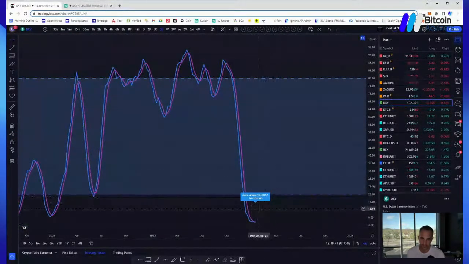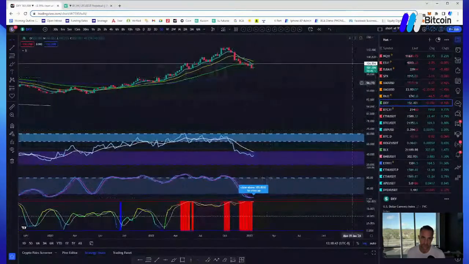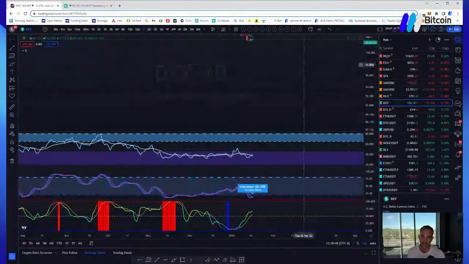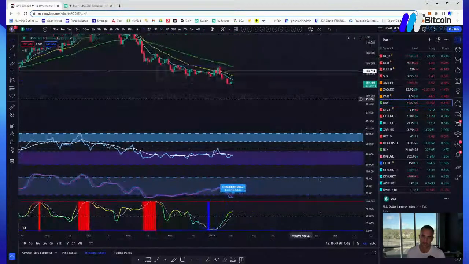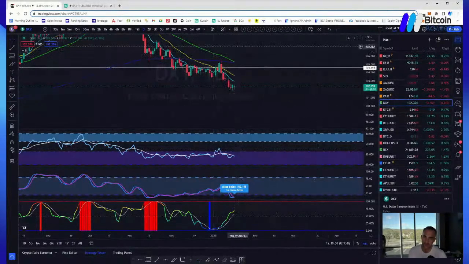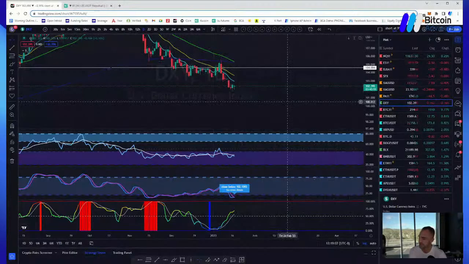Stochastics are crossed down as long as the 5 days is below 103. So my kind of line in the sand for warnings that the pullback is coming, or the bear market rally is over, the first warning would be a daily closure on the dollar back above 104.50. If the dollar rips to the upside, risk assets will get shot in the face.